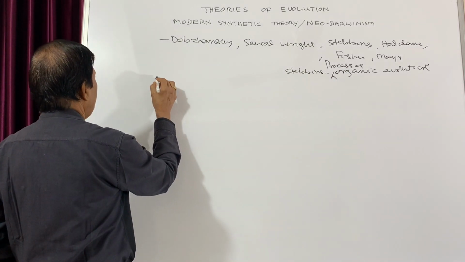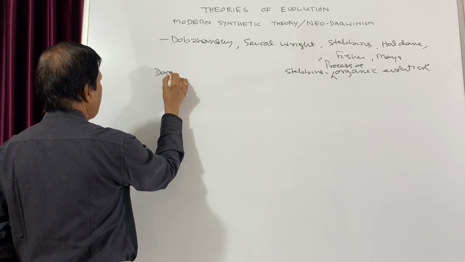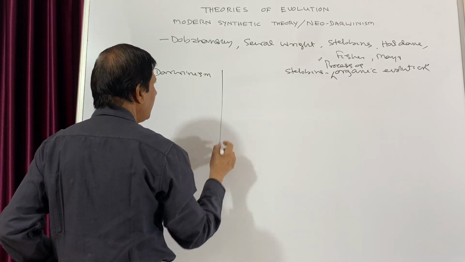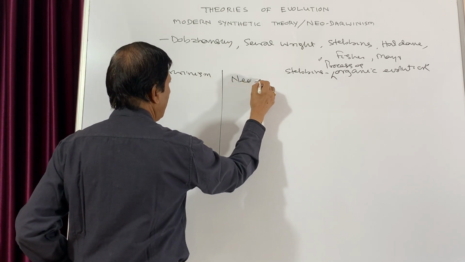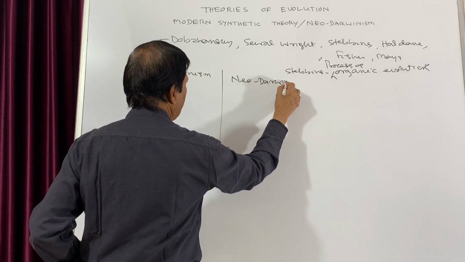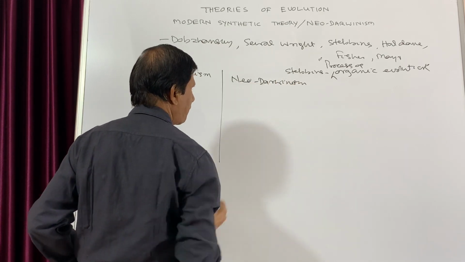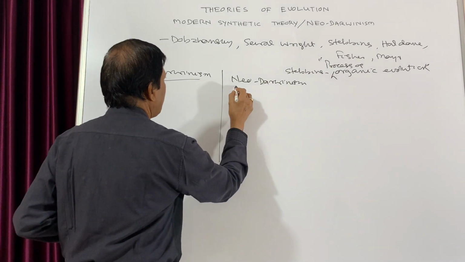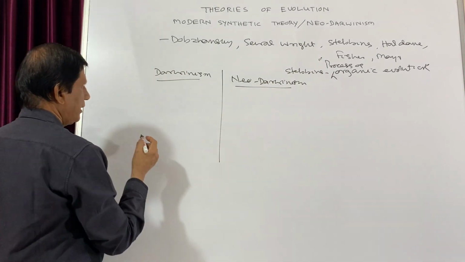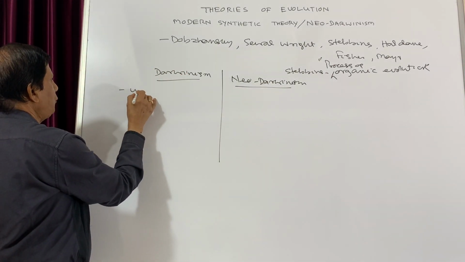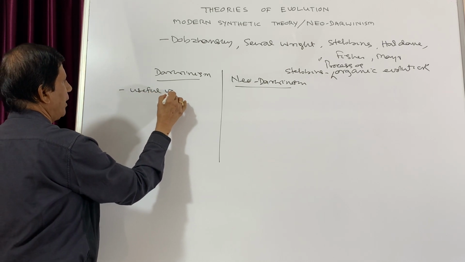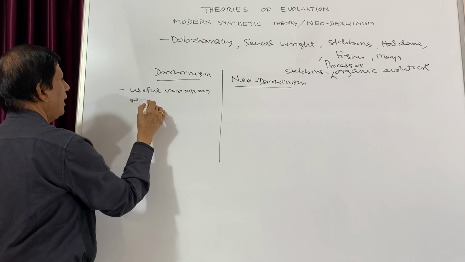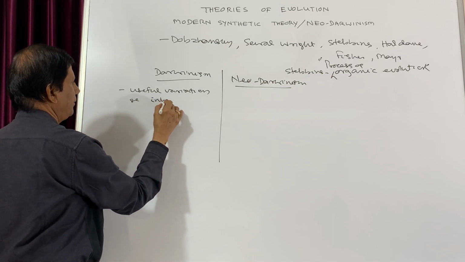So let us discuss the difference between Darwinism and Neo-Darwinism, the modern theory. What is the basic difference? The first difference is, according to Darwinism, the useful variations are inherited.